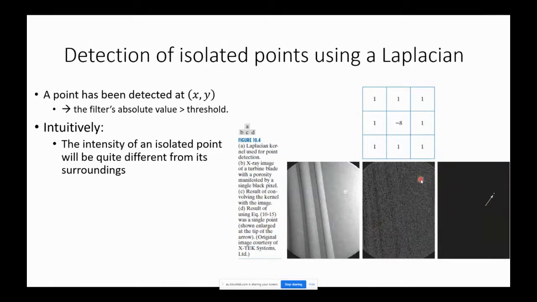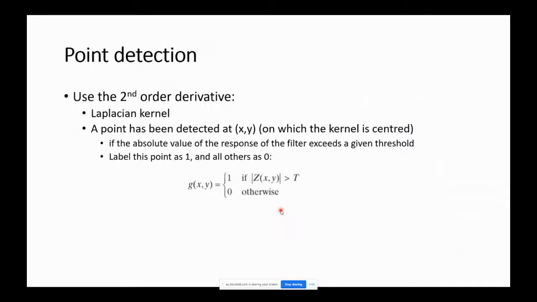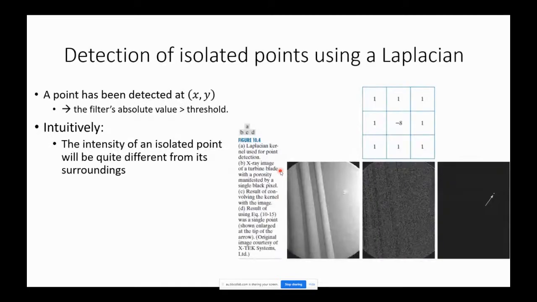So we just get the maximum points of the Laplacian. Equation 10.15 is this equation here. So basically, the result is a single point. I honestly can't see this point as enhanced in this image. Maybe in the book it's more visible, but well, that's the way you do it.